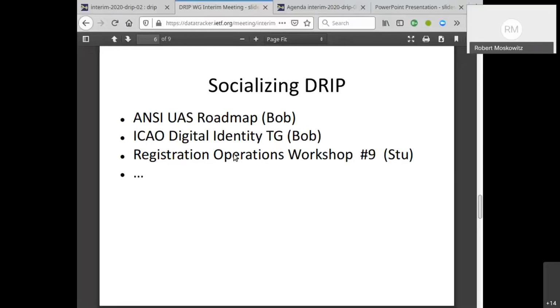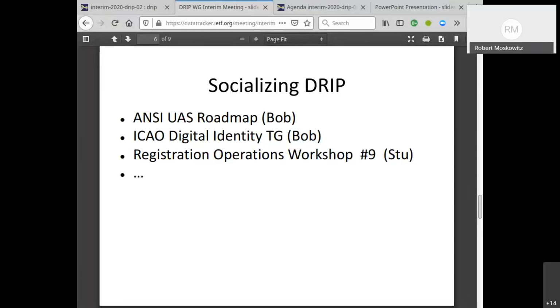Moritz, you can talk to the ICAO digital identity. It's coming up. Actually, their first meeting is right now. They had to cancel over this because their major stakeholders are only available at this time. Stu and I will be joining their meeting next week. This is a normalization of digital identity across aircraft, both manned and unmanned.